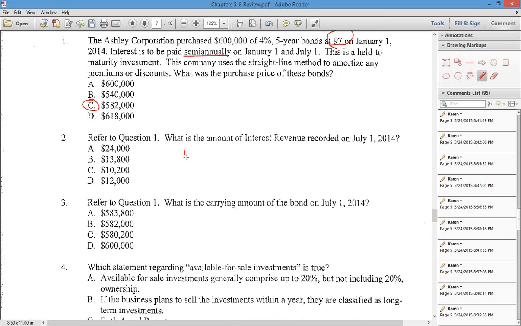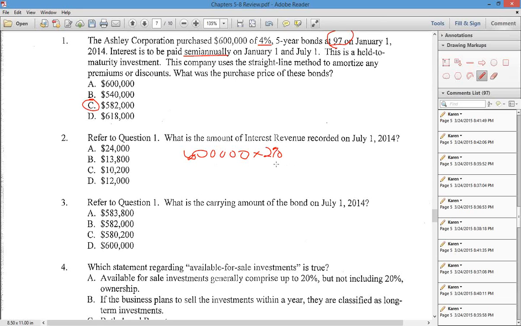That means I would take my $600,000 times 2%, because it says the bond pays 4% a year, so that's 2% every 6 months, or 2% semi-annually.